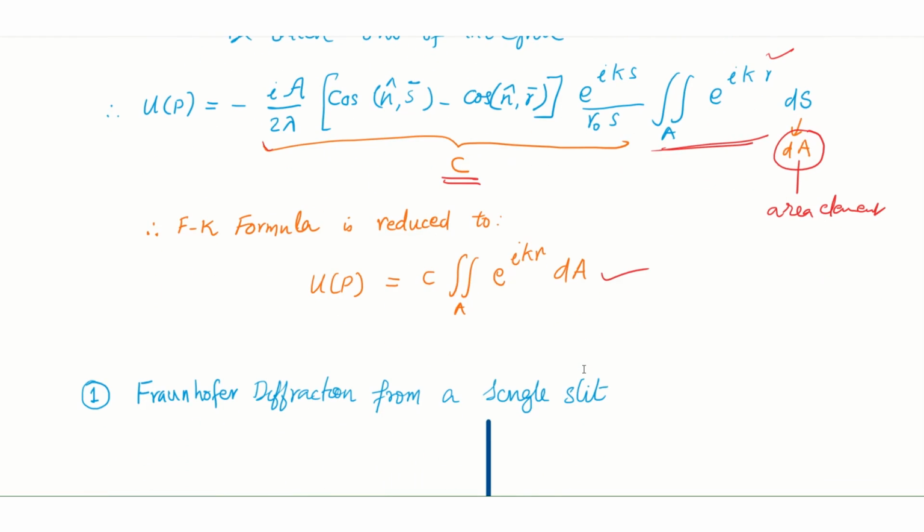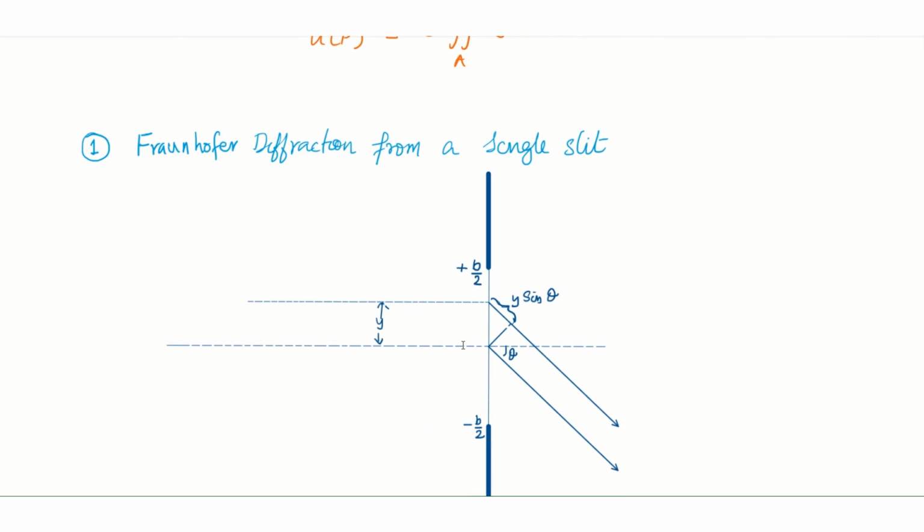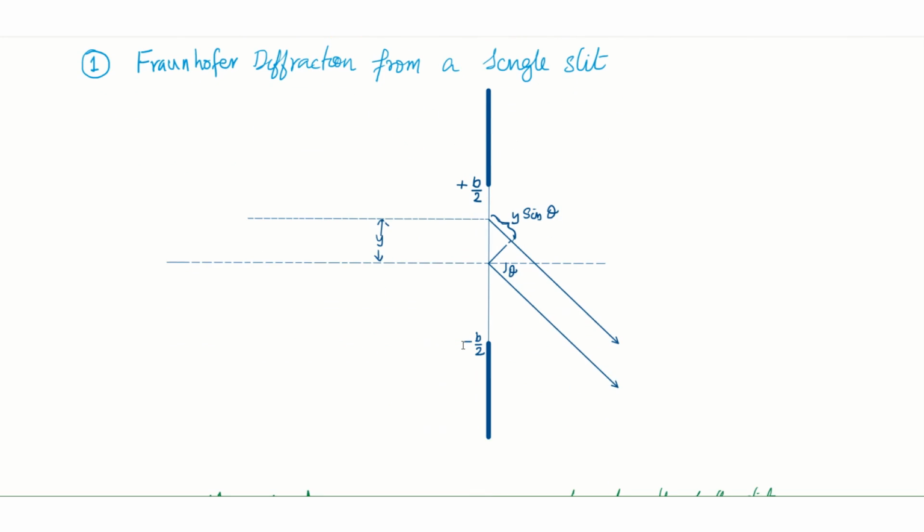Let's now look at an example of a single slit. Here we have many parallel rays coming into the slit. The slit itself is of height b and length l.